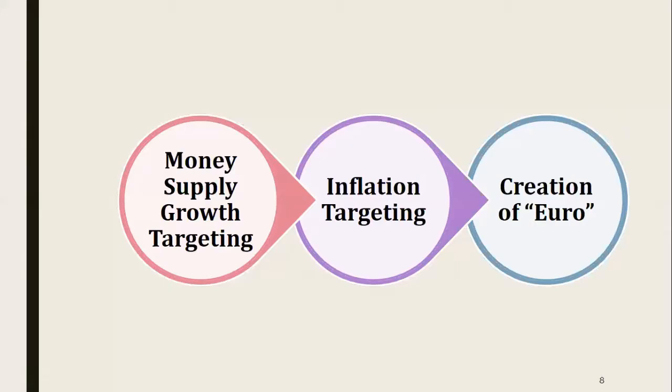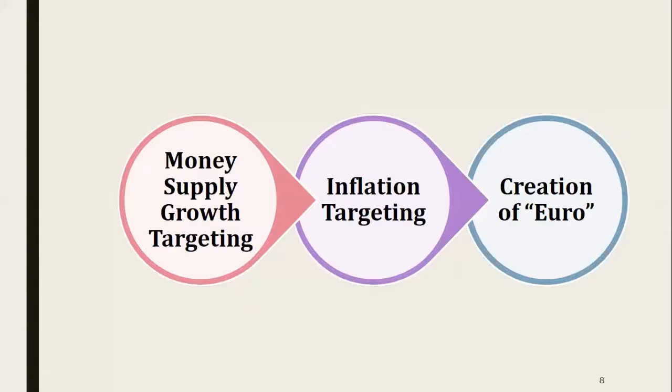Accountability means that if the central bank was not able to meet that announced target, then they have to give the reasons to the general public and other officials. They have to justify why they were not able to achieve that inflation target. So that is why we say inflation targeting is transparent and accountable.